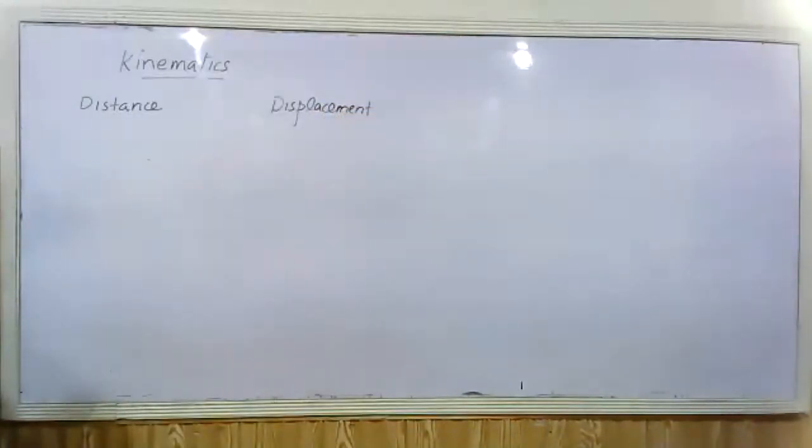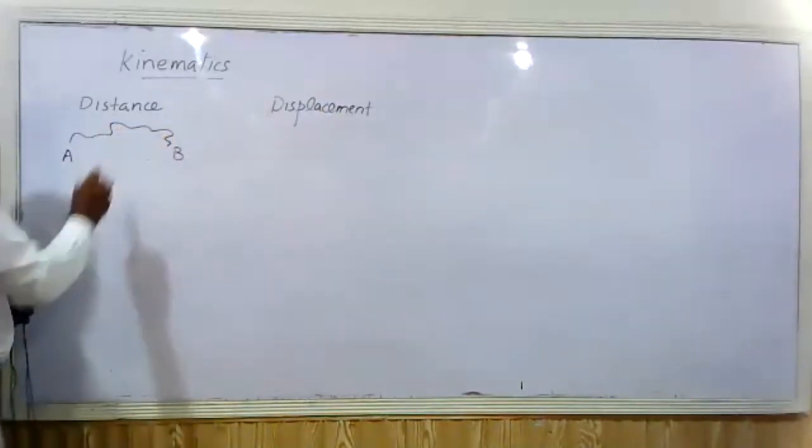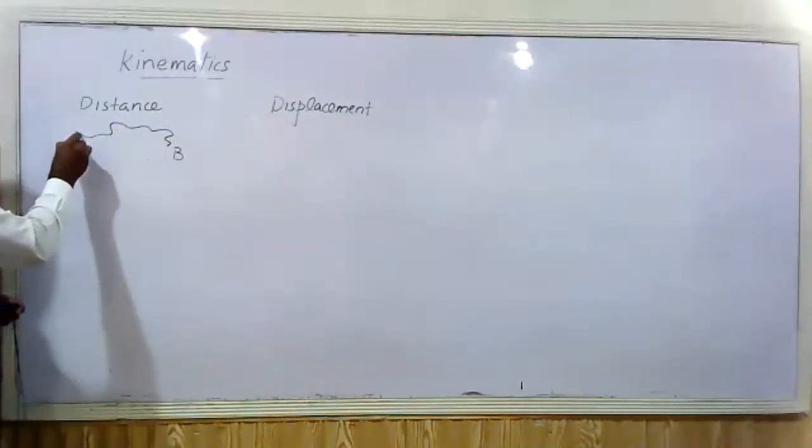Distance is the actual length of the path that we follow when we move from one point A to another point B. It could be any path we have taken. It could be a path starting from A, going all the way to B, taking several turns in it. So when we measure it carefully to, let's say, a millimeter, we can say that we have traveled this distance.